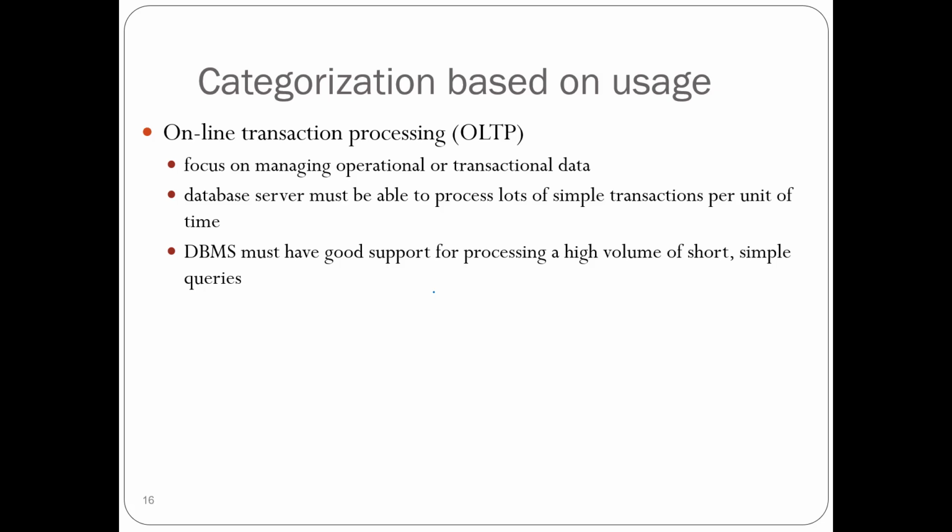Okay, so now we will look at another criterion for classifying or categorizing DBMS. This is based on usage. How do you use the DBMS? Online transaction processing. What is online transaction processing? This is an important concept, useful and interesting at the same time.